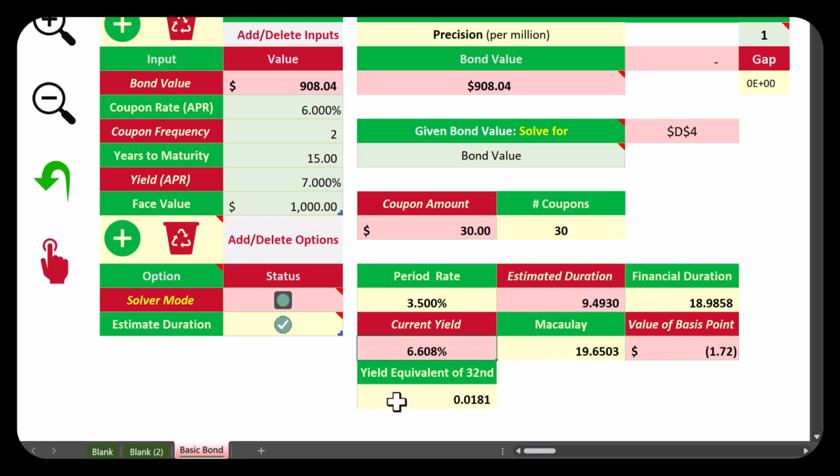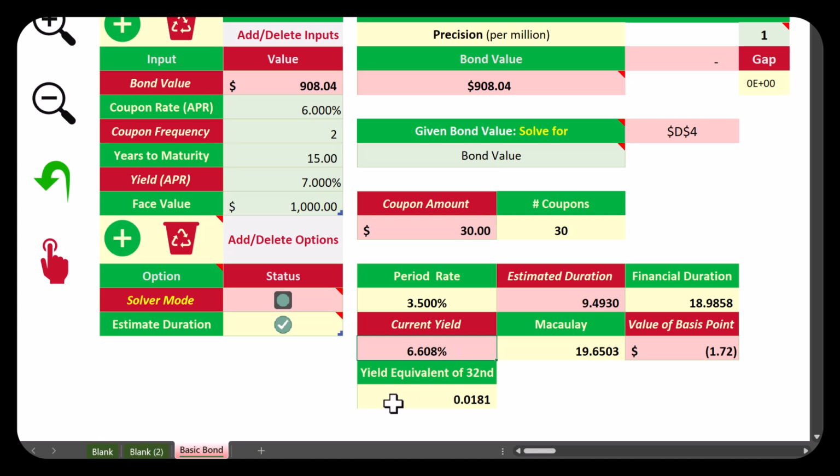Current yield is conceptually similar to dividend yield for stocks. It basically says calculate the amount of coupon you're going to get over the next 12-month period divided by the value of the bond.